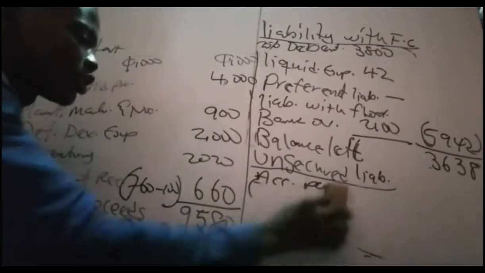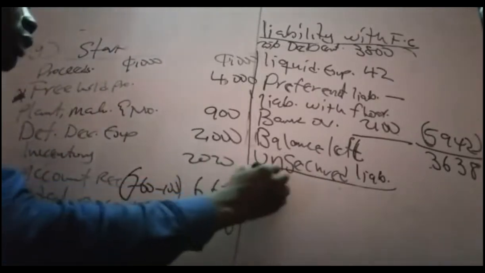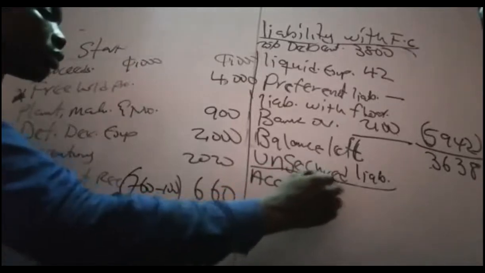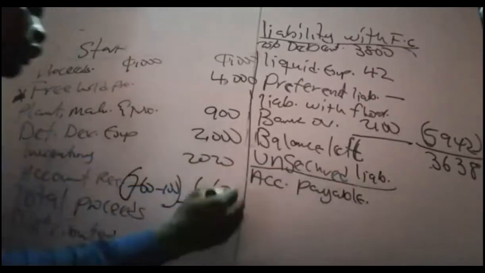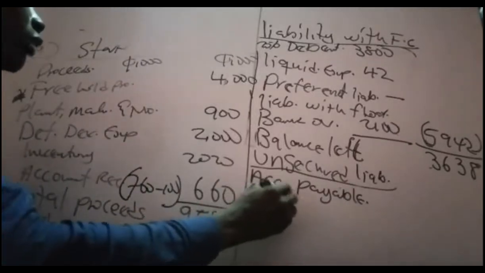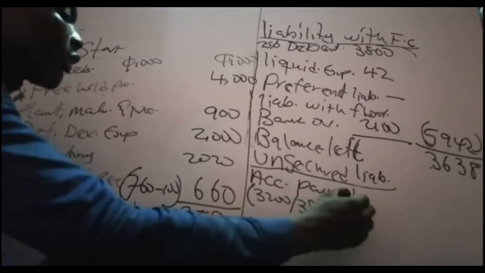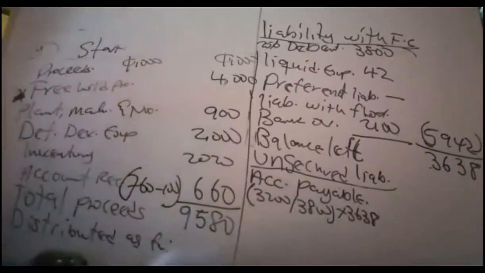Or if I should start again, the account payable will take, in brackets, the 3,200 divided by 3,800 times 3,638. Good. That will be the value, and that is for the account payable. To the nearest whole number.